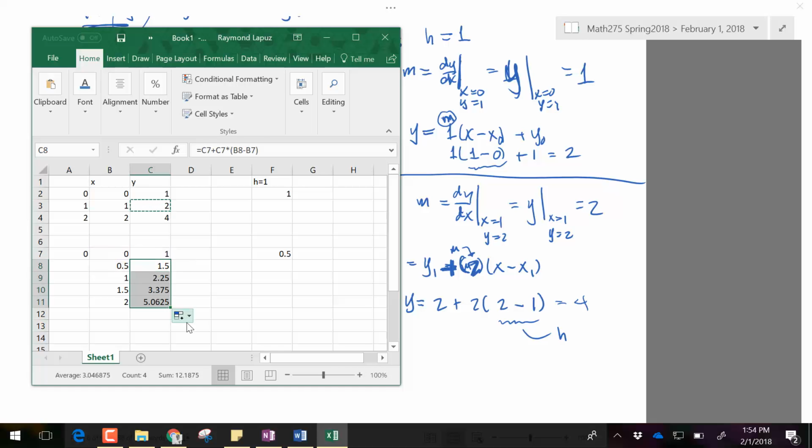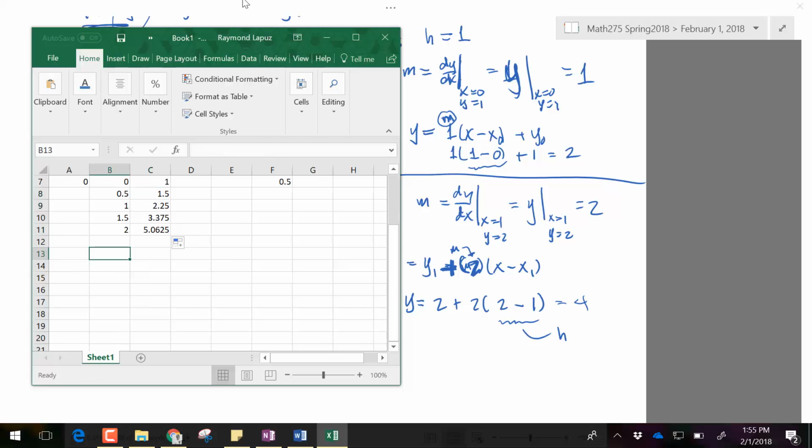And then if we copy that all the way down, we got a little bit better. It's still not very good. So let's see if we can do this with smaller steps.